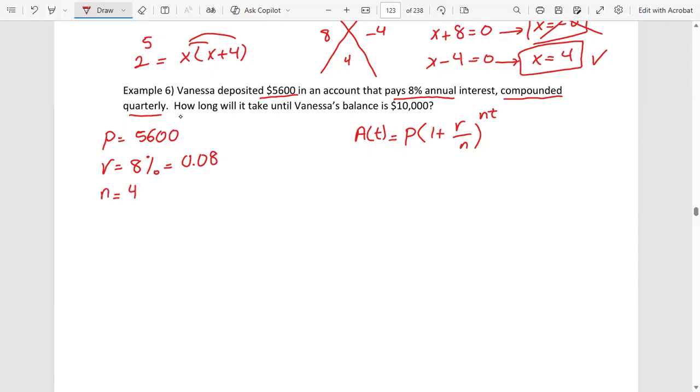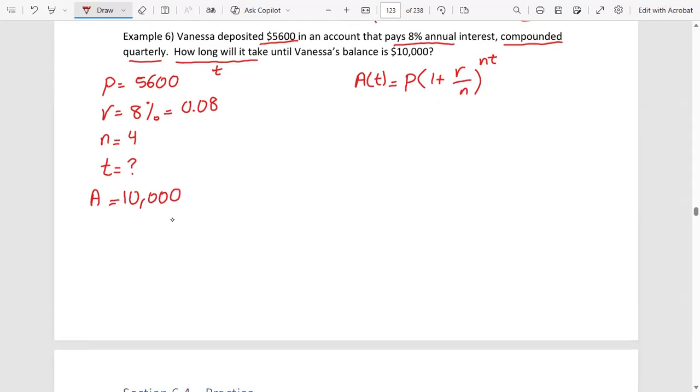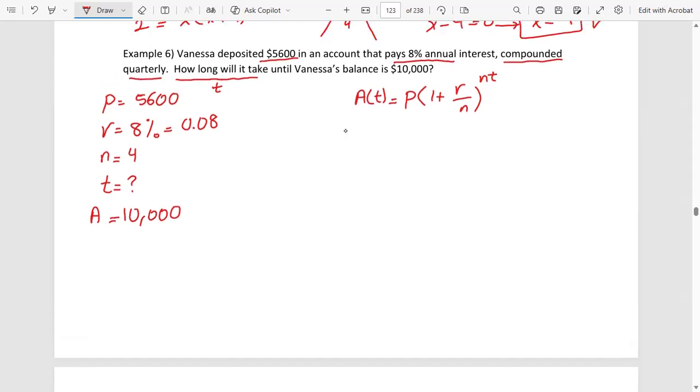When it says how long will it take, that means find the time, find the t. So the t is missing. Until Vanessa's balance is 10,000. Vanessa's balance is A, so A is 10,000. Okay, so just replace them into the formula and try to find T.